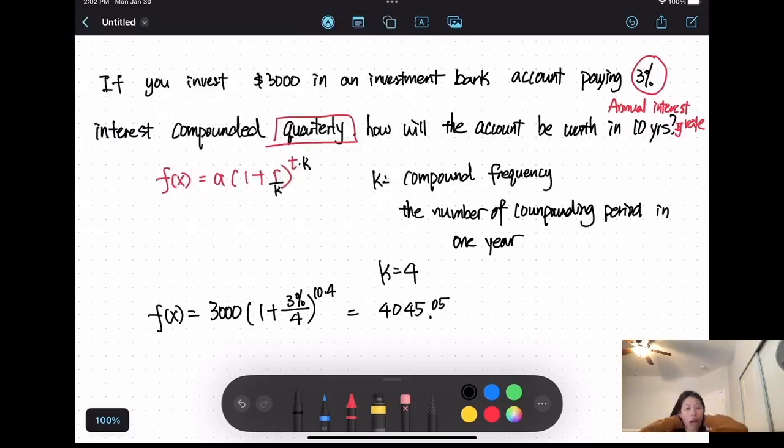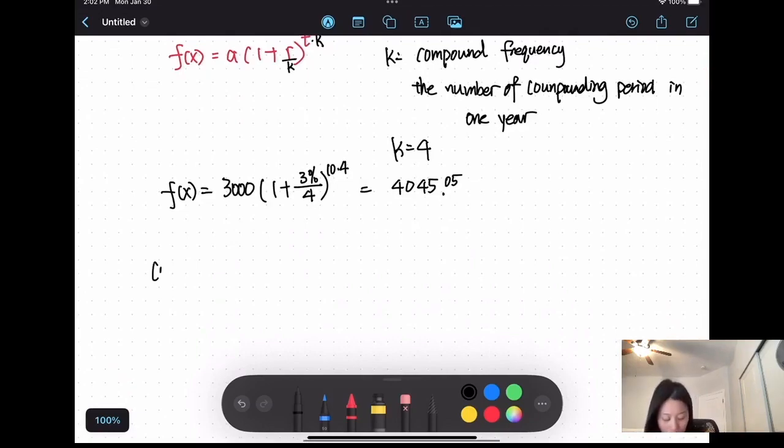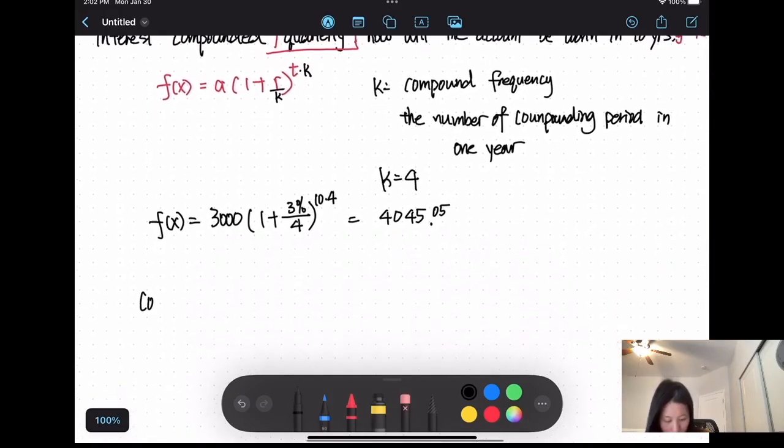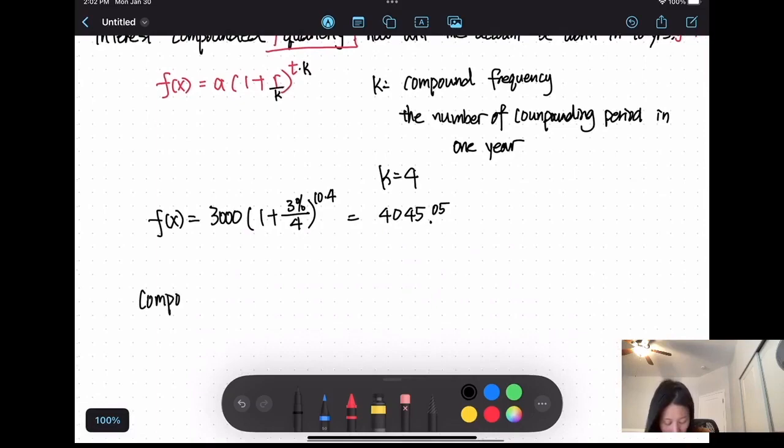Now, how can we determine k? If the bank account compounds yearly, then k is equal to 1.